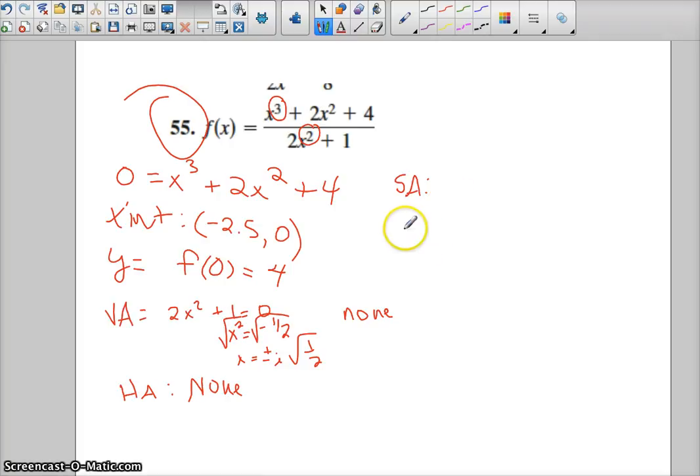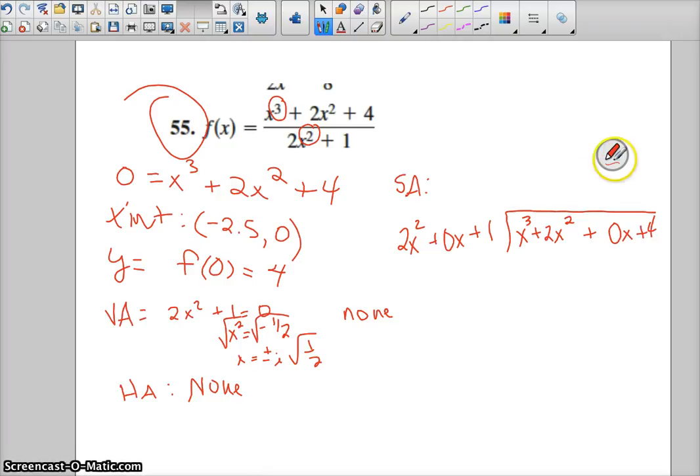We will divide 2x squared plus 0x plus 1 into our numerator, x to the third, plus 2x squared plus 0x plus 4.